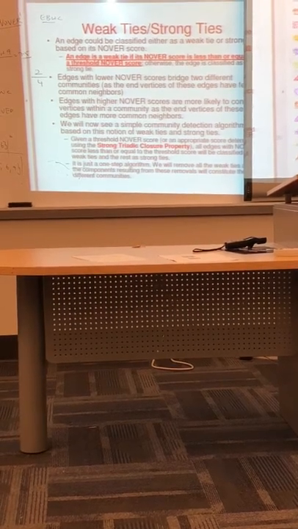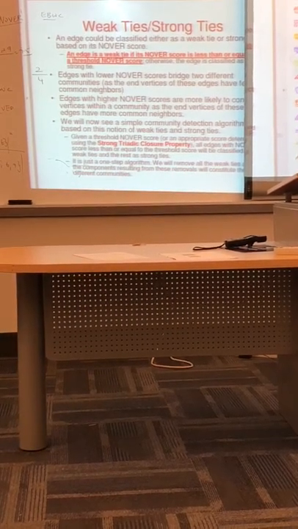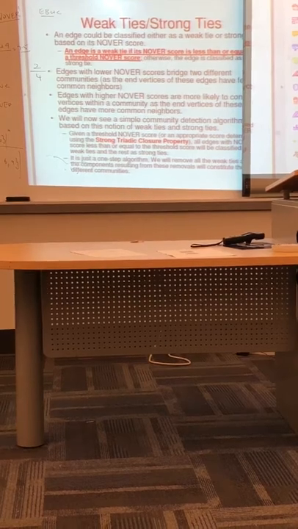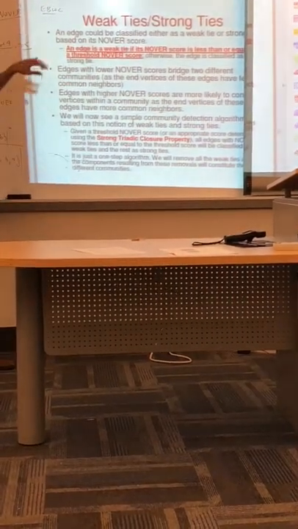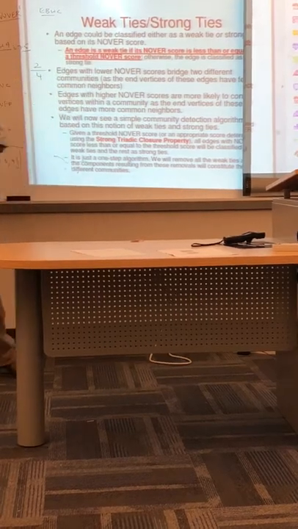Okay. Now another kind of community detection algorithm or approach based on neighborhood overlap is using this idea of weak ties and strong ties.